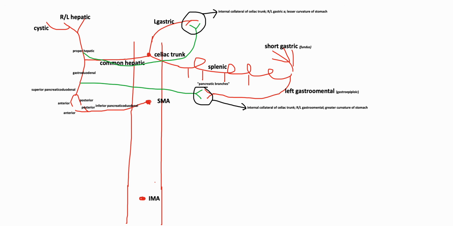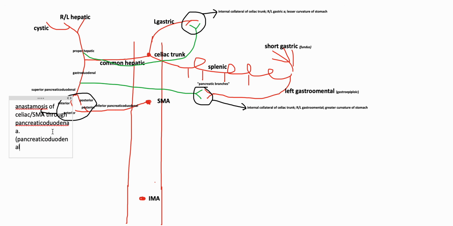So here we have our first example of what we call a pancreaticoduodenal arcade, and it represents a collateral between the arteries of the foregut and arteries of the midgut. So we will say anastomosis of celiac and SMA through pancreaticoduodenal arteries. This is called the pancreaticoduodenal arcade.